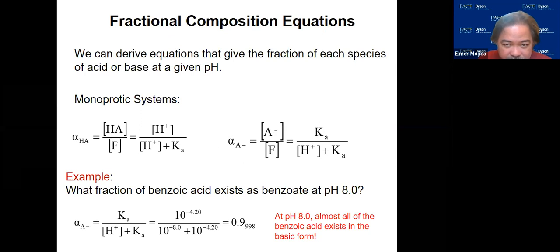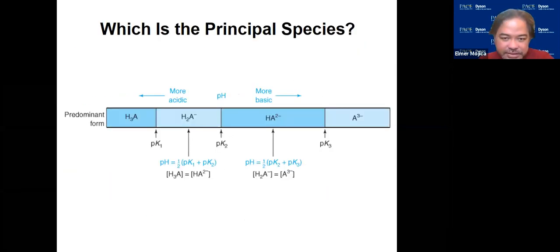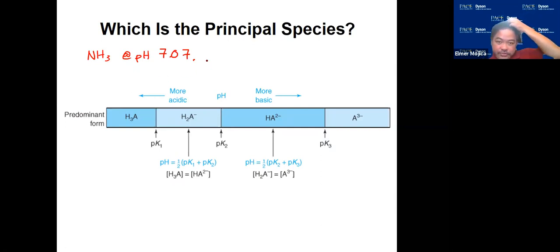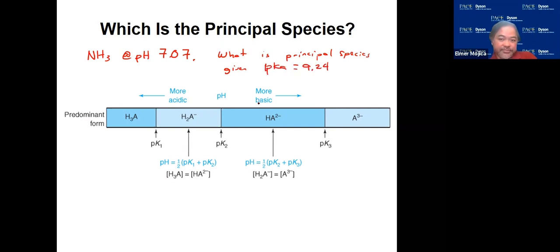So I'm trying to see if there's, okay, I'm going to ask the question now. Ammonia at pH 7. What is the principal species, given pKa equals 9.24?